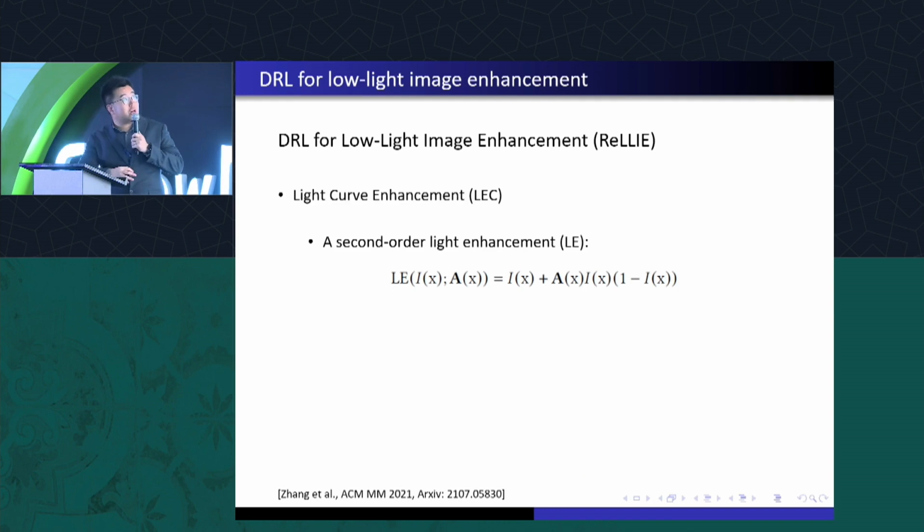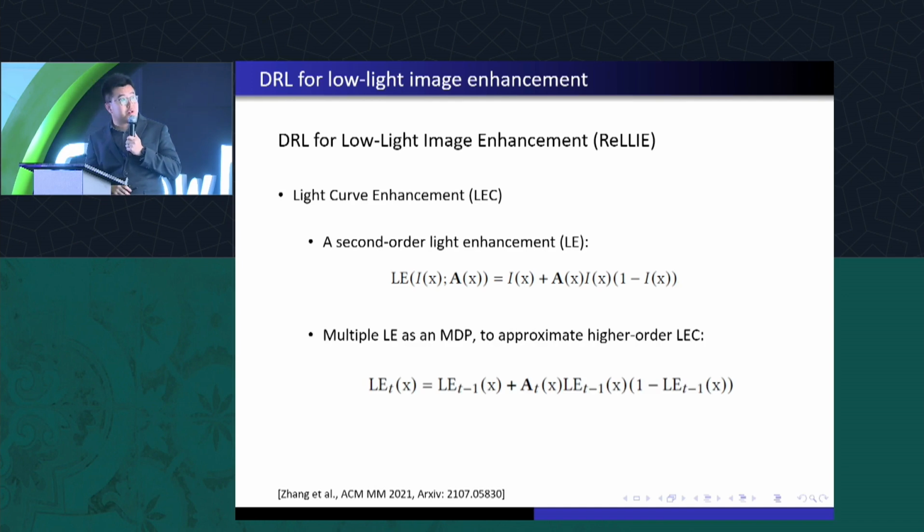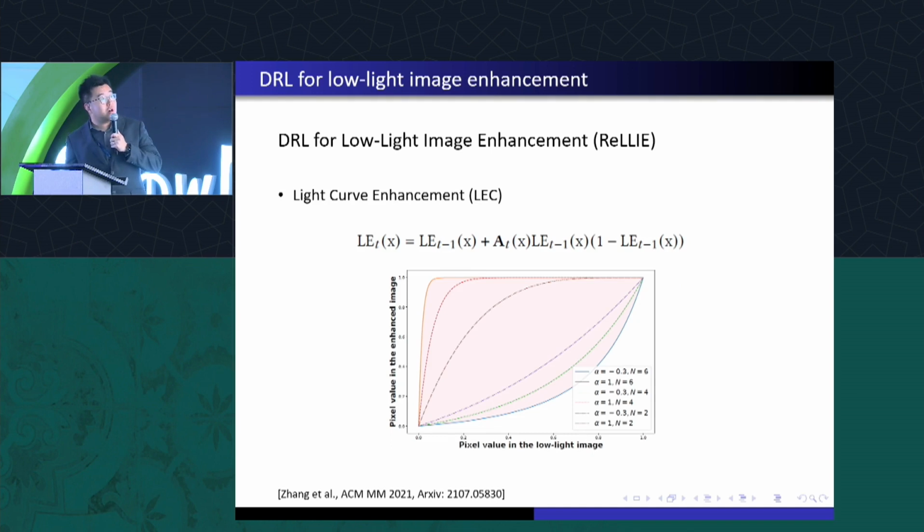So like I said, this is really task specific, right? But for light enhancement, our action will be used to characterize a second order light enhancement curve. And by using this LE multiple times as an MDP, we can approximate even higher order light enhancement curves as well. I'll give you one example.